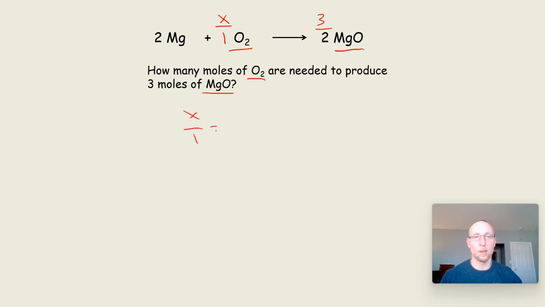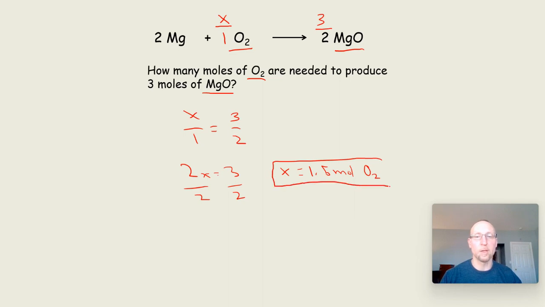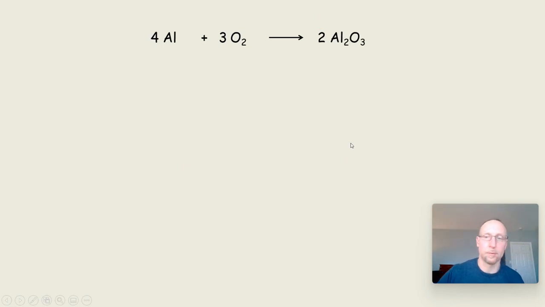X over 1 equals 3 over 2. I cross multiply. 2x equals 3. Divide by 2, divide by 2, and x equals 1.5 moles of oxygen, right? So be specific. Don't forget your units and who you are talking about. That's proportions. That's it. That's stoichiometry, right? So not too complicated. So let's look at another problem here, and then we'll do some practice. So copy this one down.